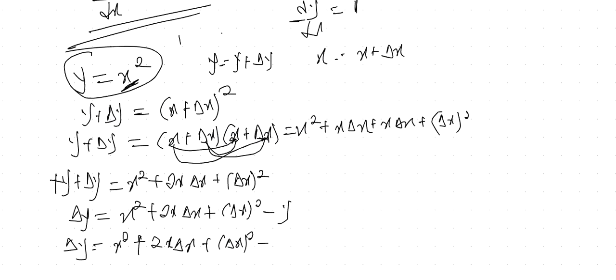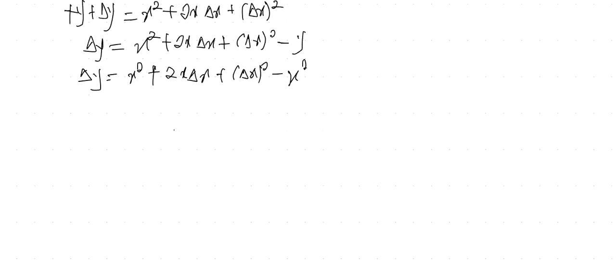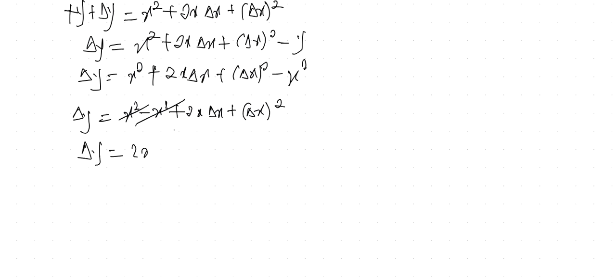So you rearrange, change in y will be equal to x squared minus x squared plus 2x change in x plus change in x squared. So we remove this, making it 0. Then change in y will be equal to 2x change in x, then plus change in x squared.